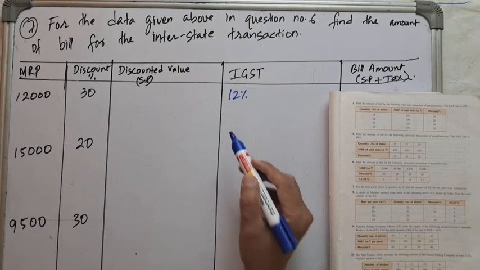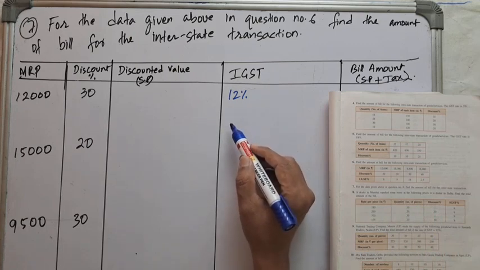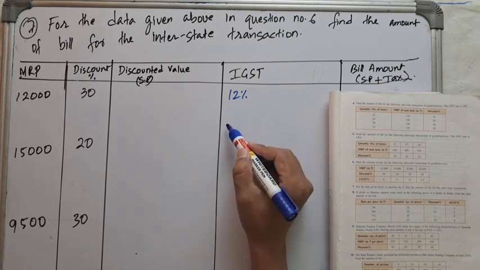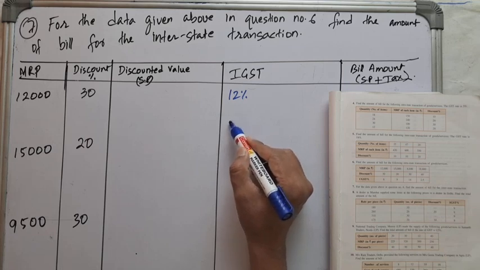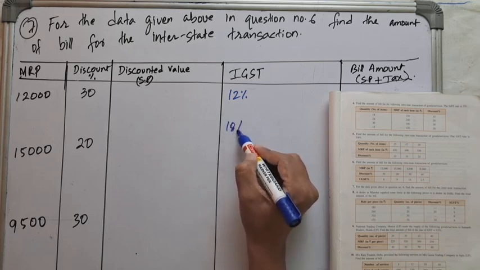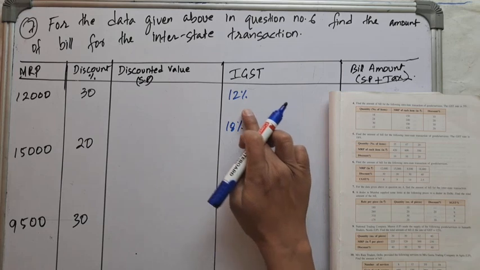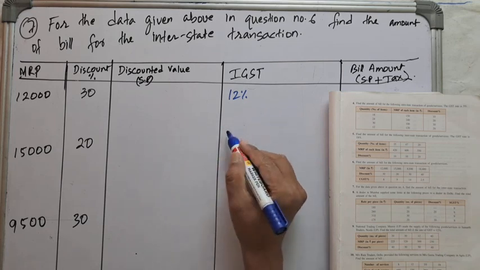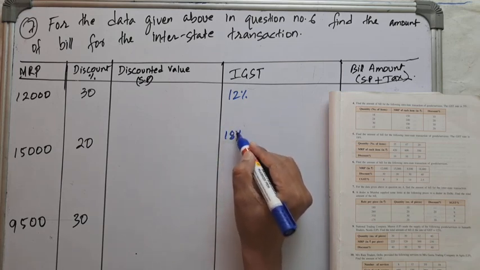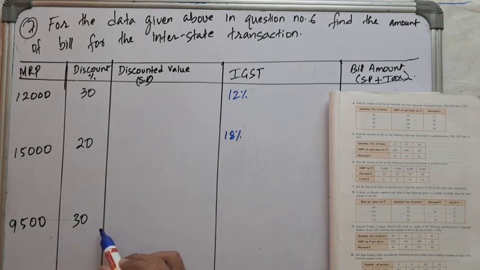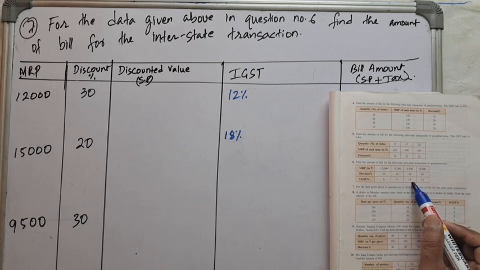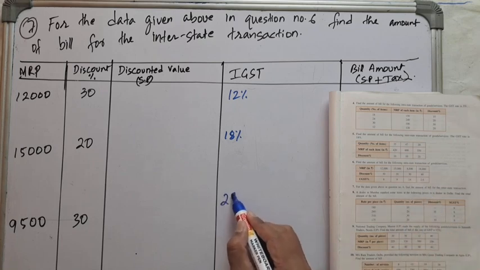So straight away we will calculate IGST, that is 9 plus 9, double of 9 is 18%. In the third case, CGST given is 14%, isn't it? That is IGST is 28%.